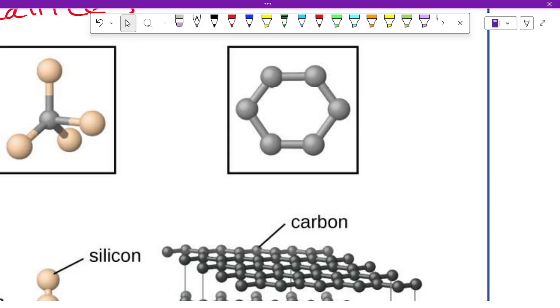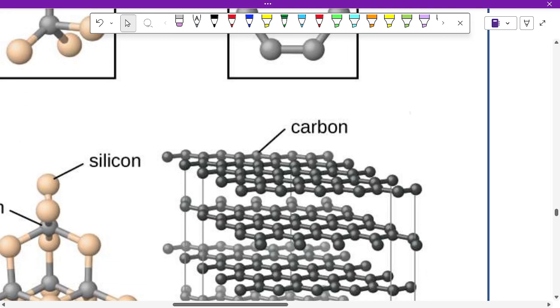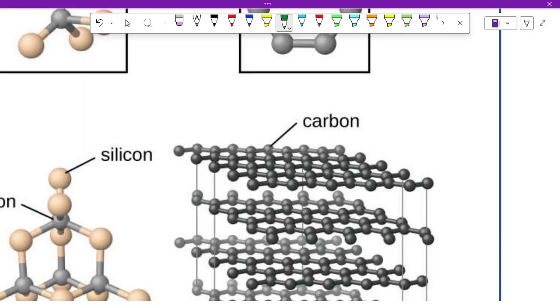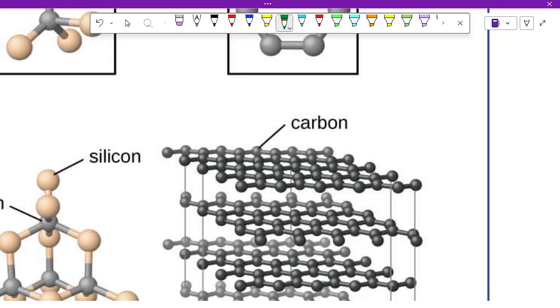How many layers do you see? 3 layers. These in between the layers, not covalent bonds. So what we have is we have a layer. So this would be layer number 1.